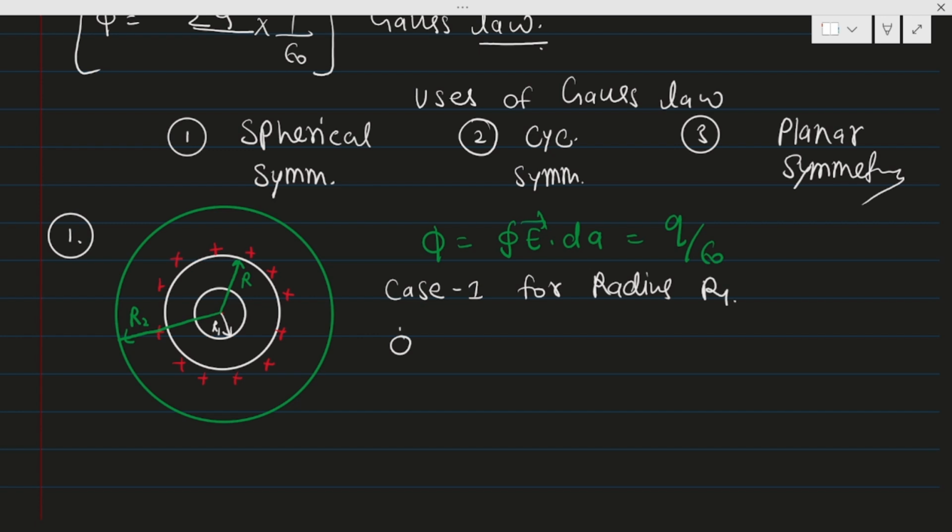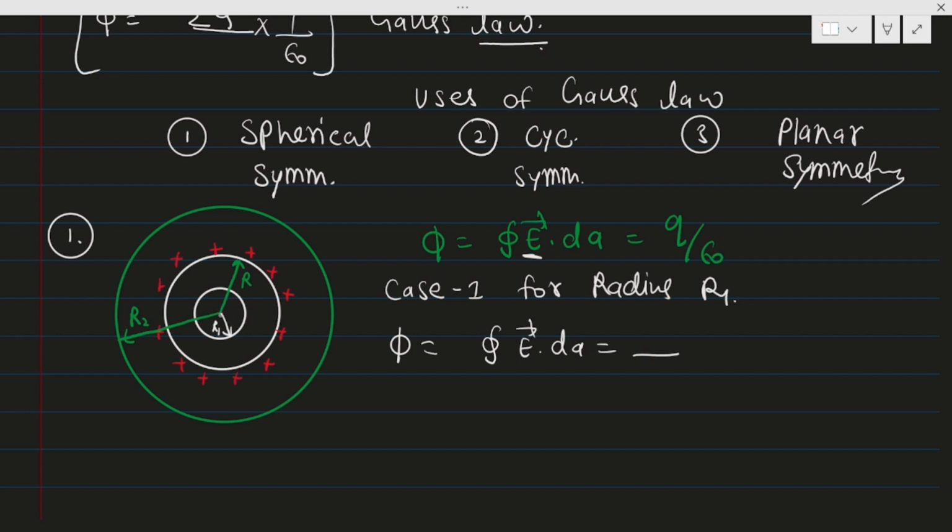The flux phi is E dot dA, and we want to know what the charge inside this sphere is.